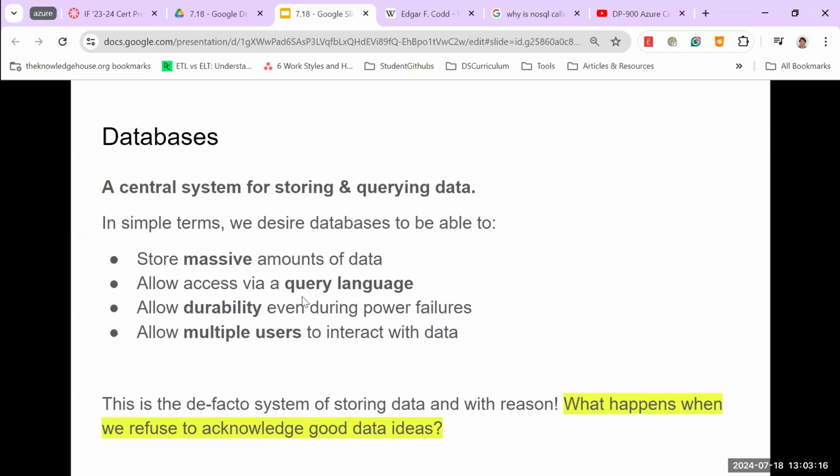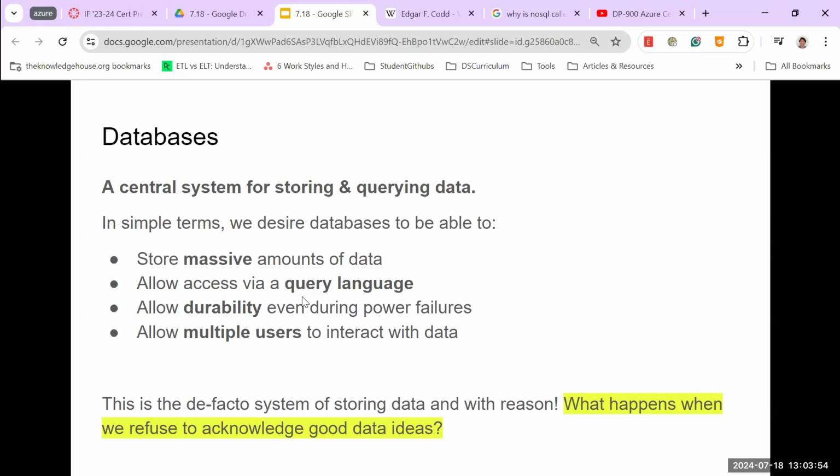All right. A database, everyone, is a central system for storing and querying data. In the most simple terms, if we boil databases down to their most essential components, databases should allow storage of massive amounts of data, access via a query language, durability, even during power failures, and finally, the ability for multiple users to interact with the data without stepping on each other's toes.